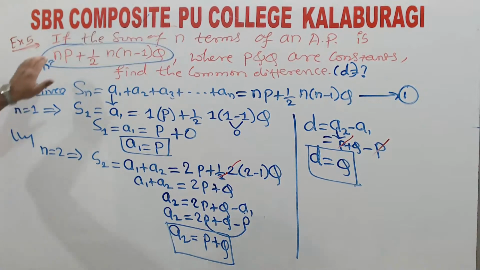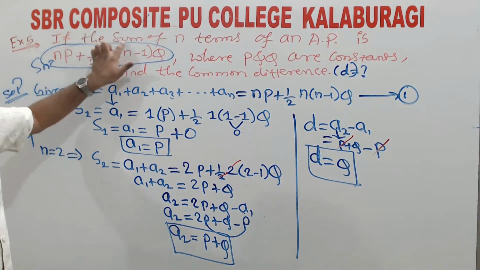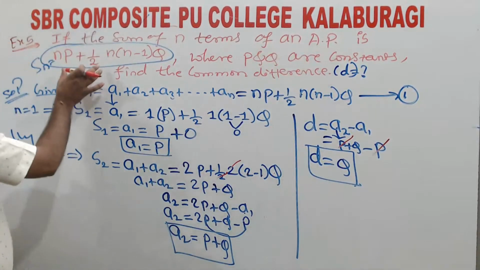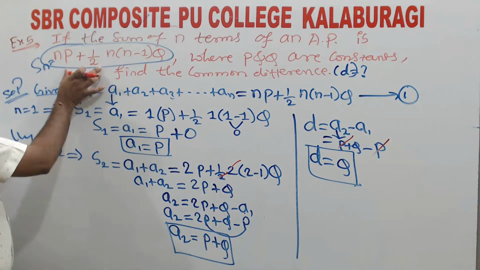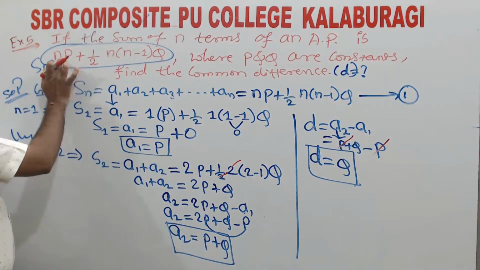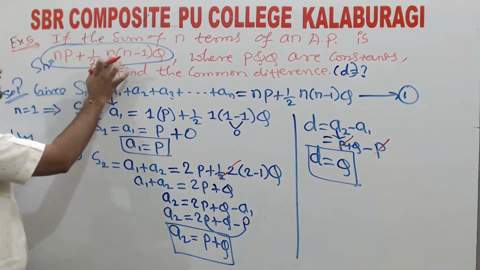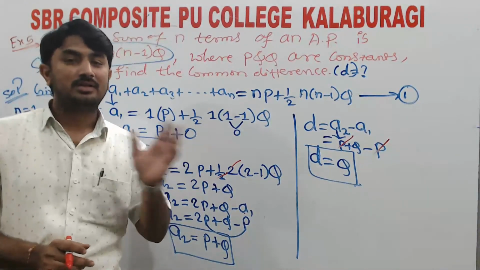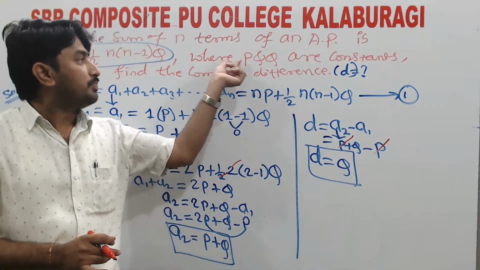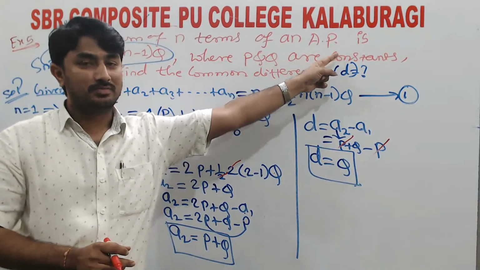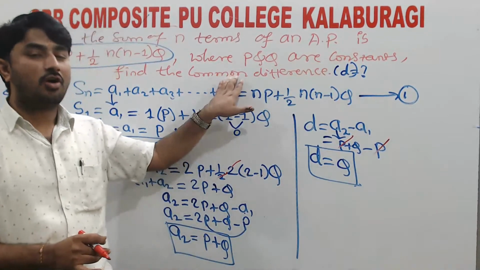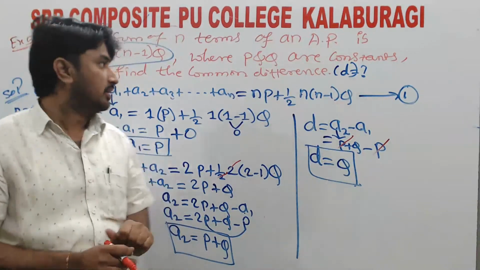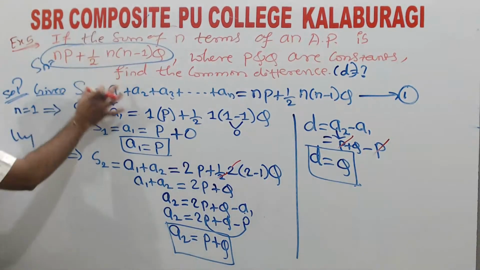Here the question is: if the sum of n terms of an AP is given by the condition Sn equal to np plus 1 by 2 n into n minus 1 into q, where p and q are constants, we have to find its common difference d. Okay. So I am taking the given term as it is.